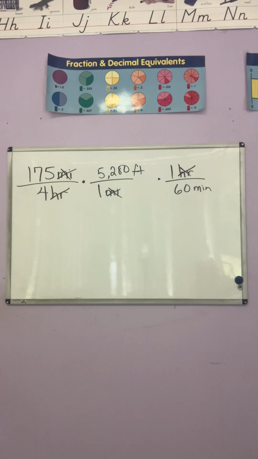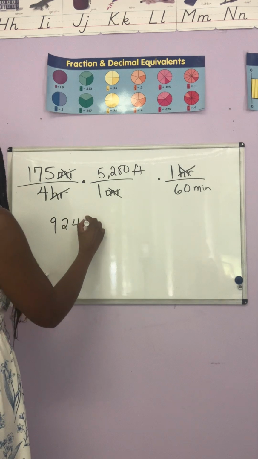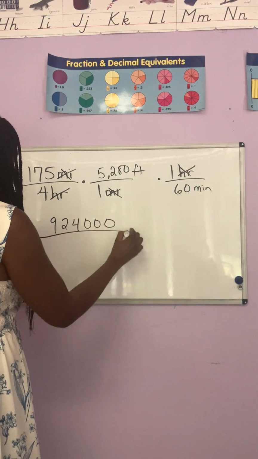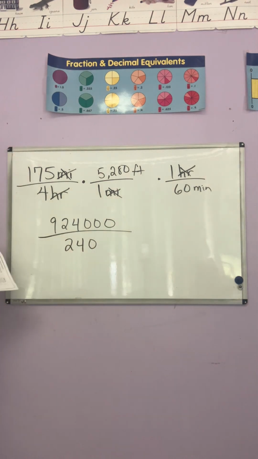And now we can multiply 175 times 5,280. On the bottom, it is 240.